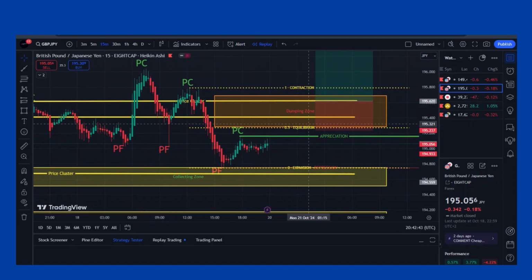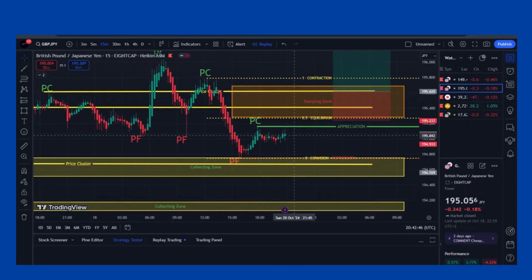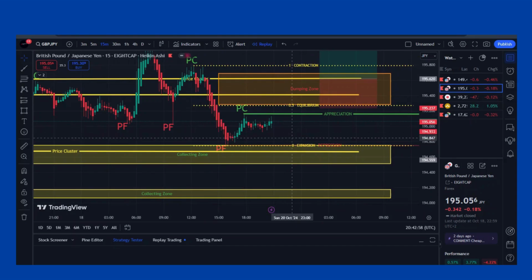Right, so if there is any fundamental or political event that will change the momentum of this pair and it ends up going in the downward direction, I also want to see the price breaking the depreciation level, retesting the collecting zone, and breaking the collecting zone.